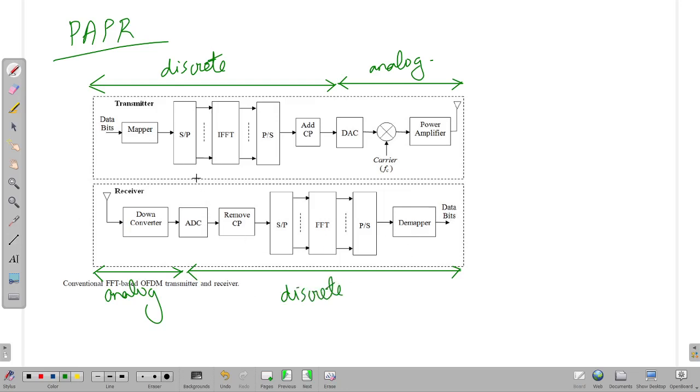So you can see most of the computation is happening in the discrete section, but you also have this analog part of the signal which is very significant, because it is the actual signal that goes to the channel. That is the signal that is being received by the receiver. So your analog part of the signal is also important.